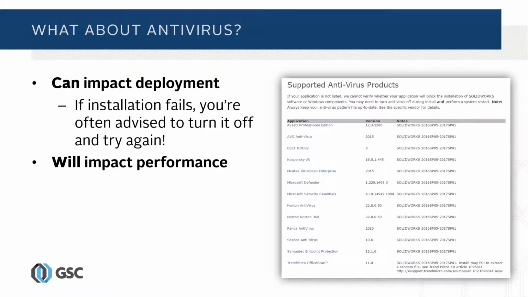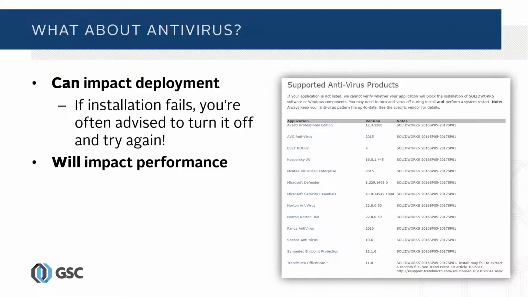In terms of antivirus, SolidWorks used to keep track of the versions of antivirus that they tested, and yet SolidWorks will still install cleanly, because antivirus can interfere with the installation of any kind of software. Of course, they're in the knowledge base.